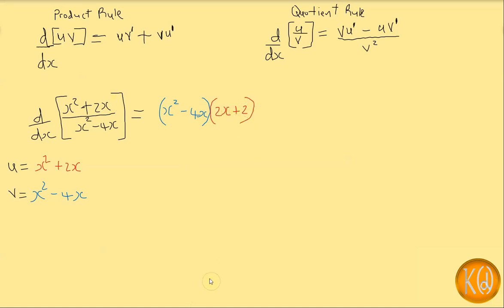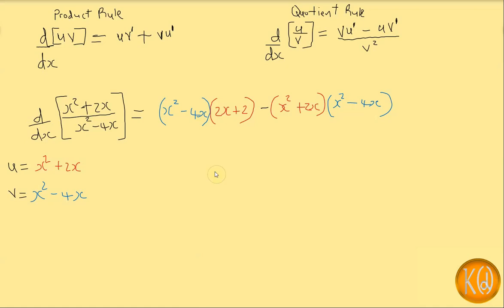Great, and of course we have the minus sign from the formula, and it says u, which is the numerator, times the derivative of the bottom term, which is the denominator, and that's x squared minus 4x.